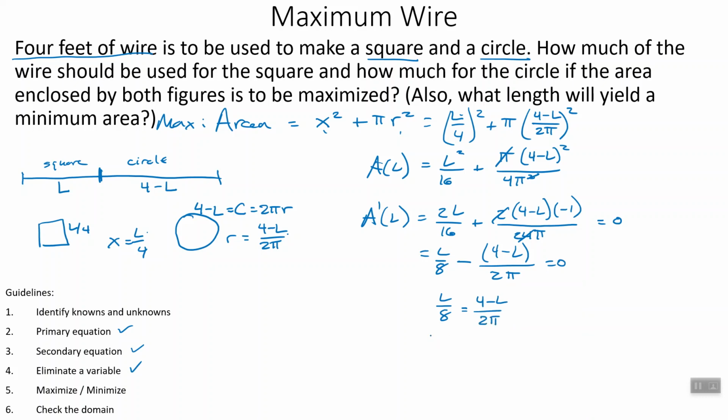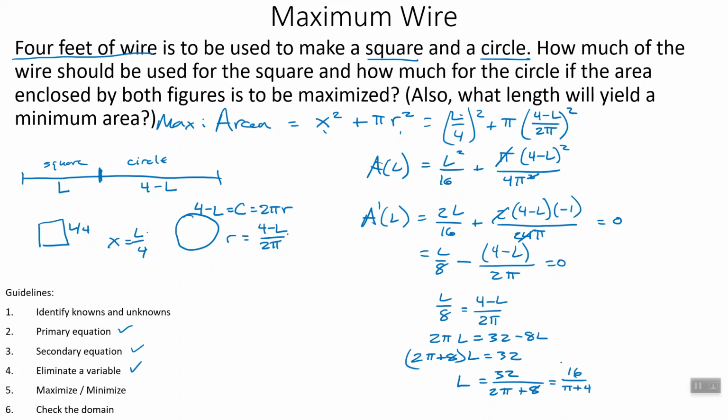Cross multiply. 2 pi L equals 32 minus 8L. We will add this guy over. 2 pi L plus 8L. So 2 pi plus 8 times L equals 32. And then divide. Ta-da. We can cancel out a 2 here from everything. It'd be 16 over pi plus 4.